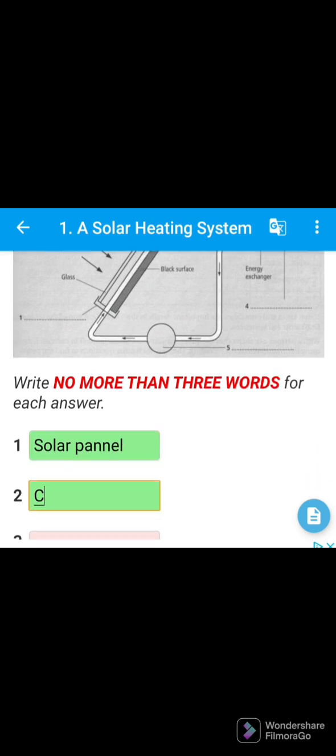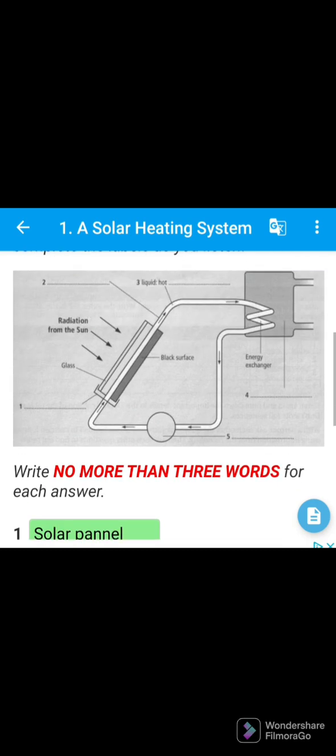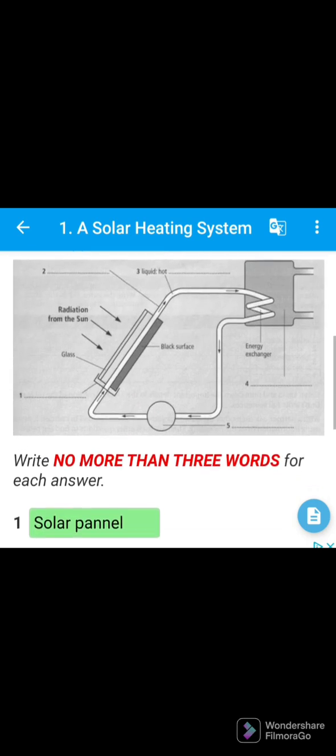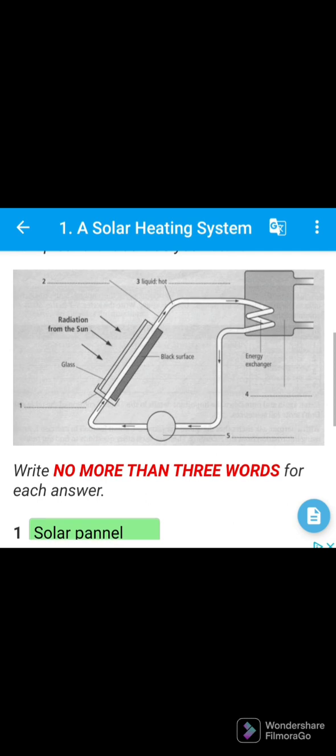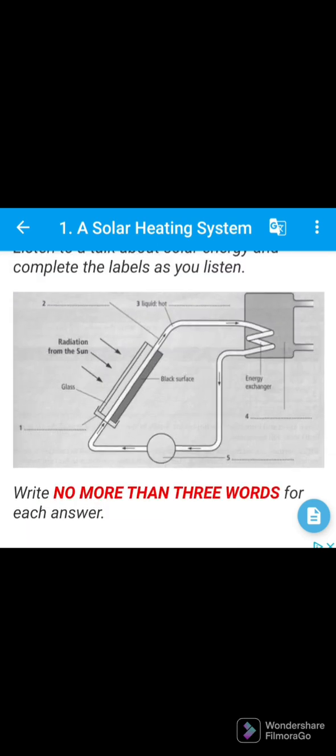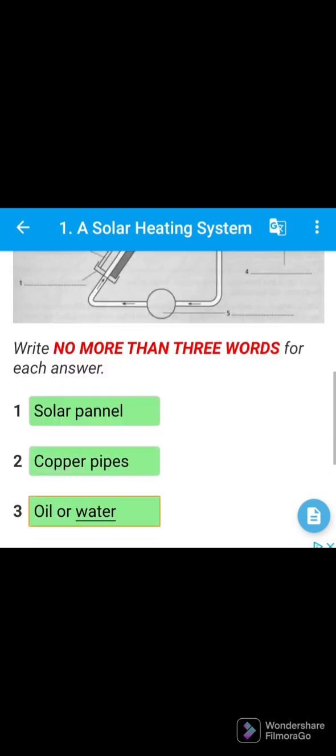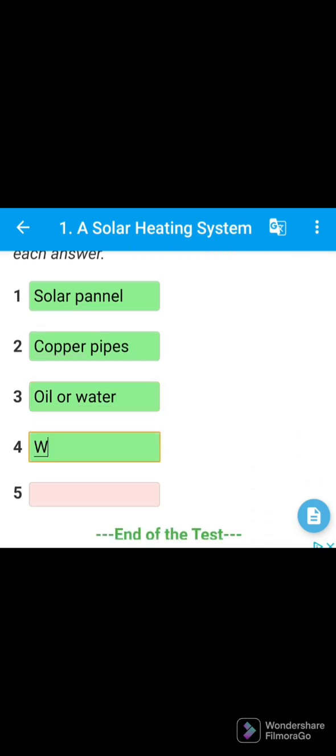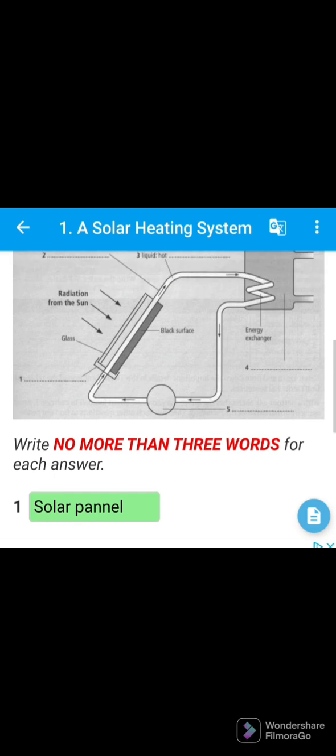Now, these pipes are filled with a liquid which in turn becomes hot. This can be either oil or water, though oil is usually used. The oil expands and rises up the pipe into the energy exchanger, which is located up here in the water tank. Sometimes we have to use a pump as well to help the liquid along. It's a remarkably efficient system when you think about it.